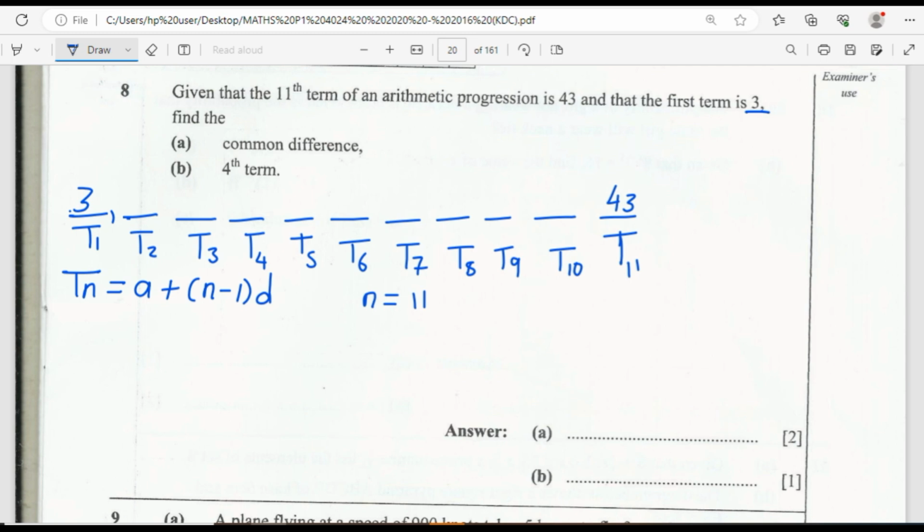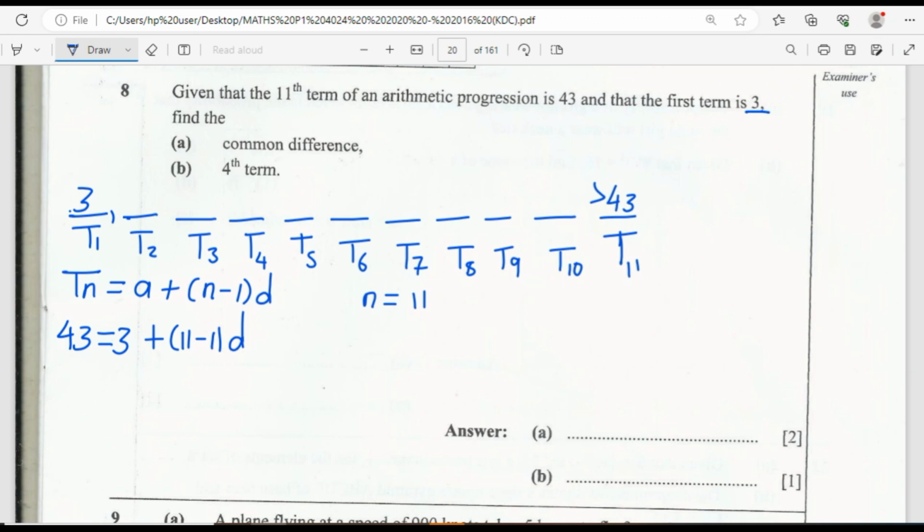Where there is Tn, you put the last number, which is 43. Whenever you are trying to find the common difference, given the last number, where there is Tn, you put that number. Then A is 3, plus n, we know that n is 11, minus 1 times d.